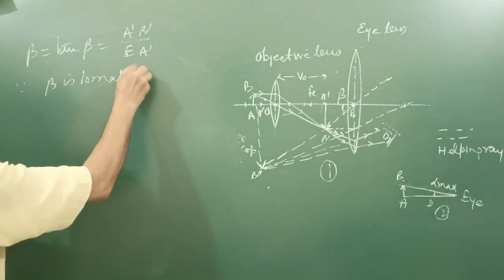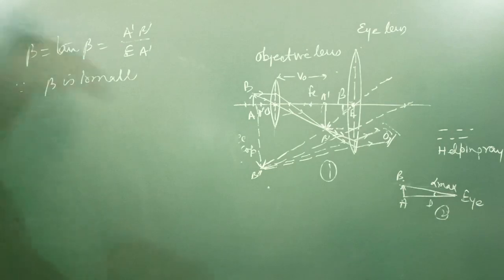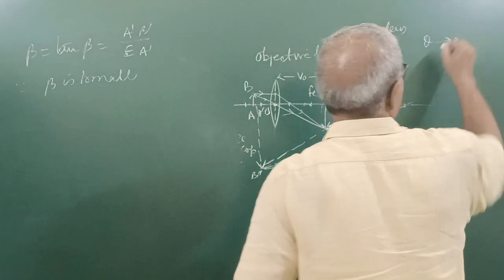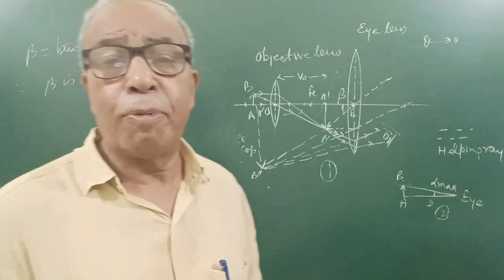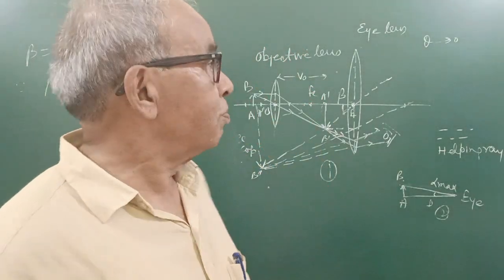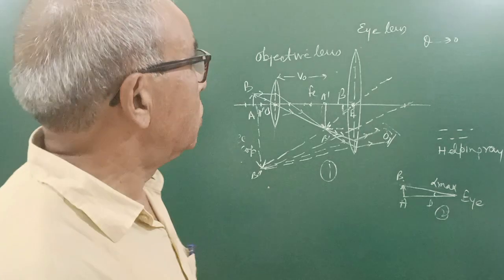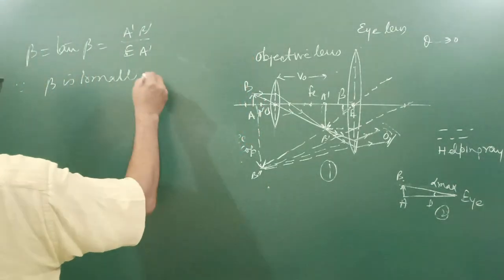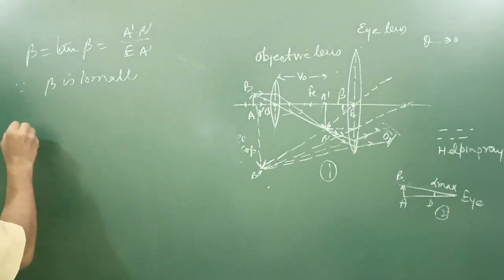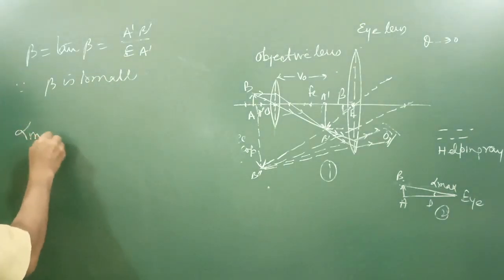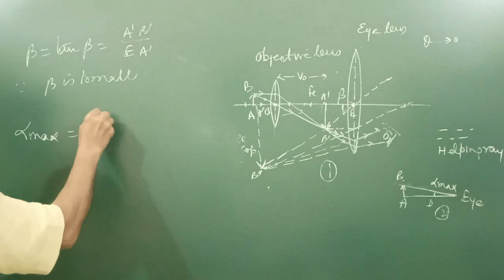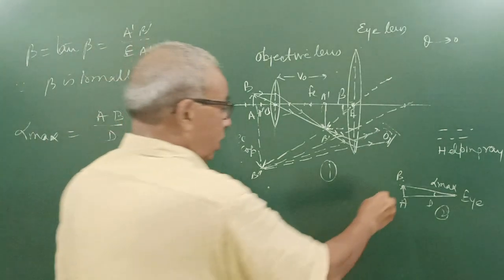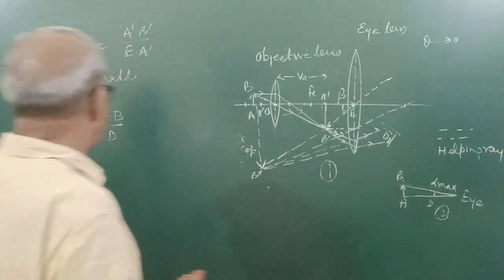I have told many times, when theta is very small, tan theta tends to theta, and this approximation is true up to 10 to 15 degree. Beta is small, and similarly alpha maximum from figure 2 is equal to AB upon D.